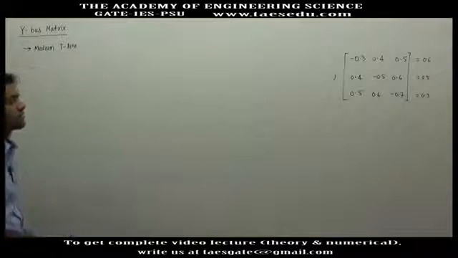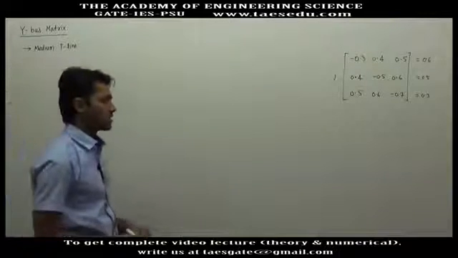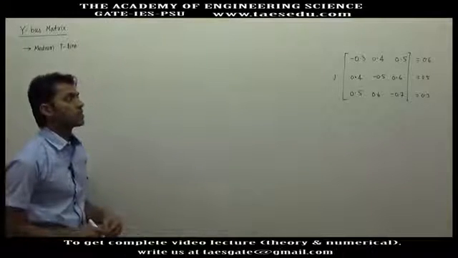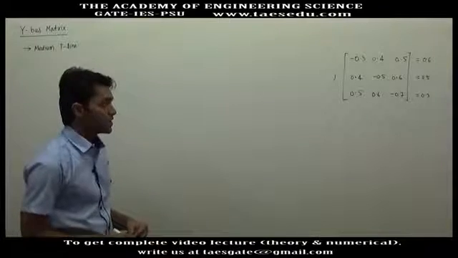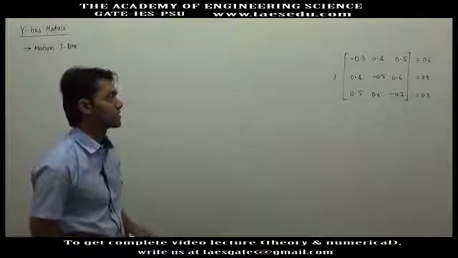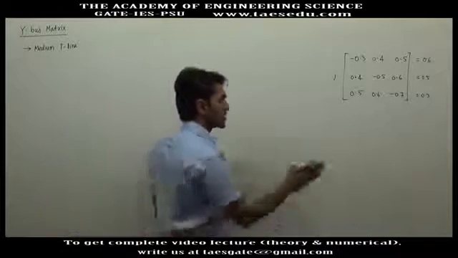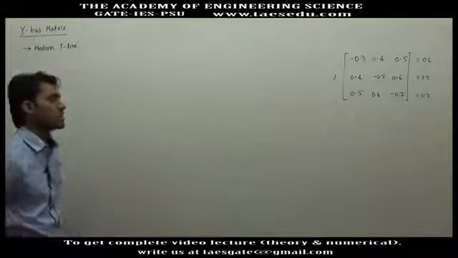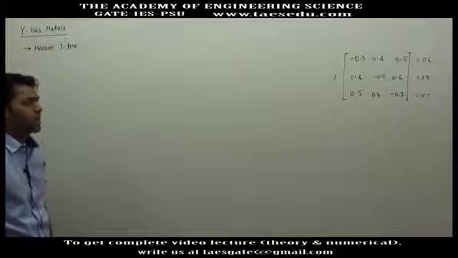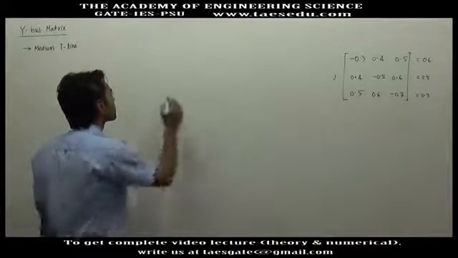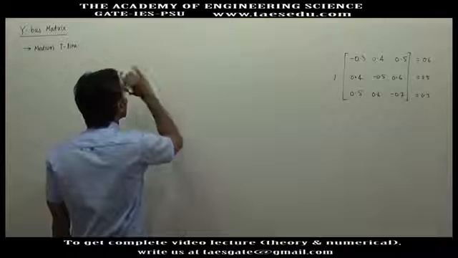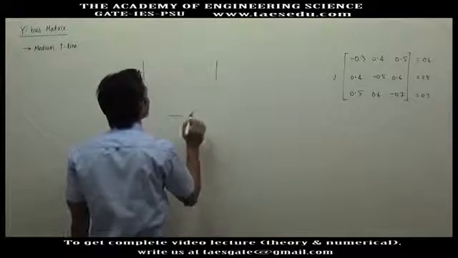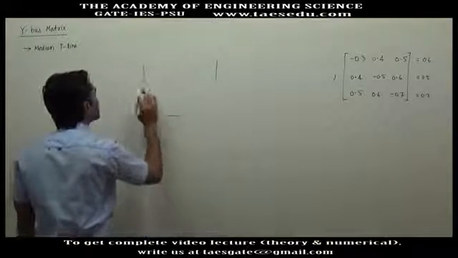Let's say we are given a Y bus matrix of a 3-bus system, and these buses are connected with medium transmission lines. We have the bus admittance matrix given and the buses are connected with medium transmission lines.